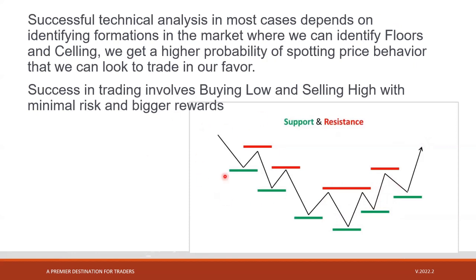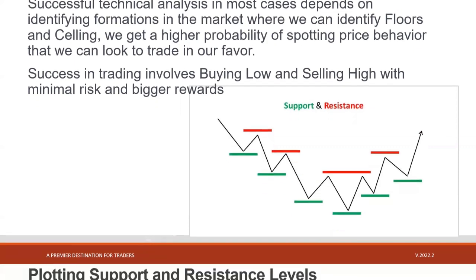So support and resistance are previous areas where price has reacted. But just because price has reacted at a level before doesn't mean it will react the same way now. Understanding the structure of the market in relationship to what price is currently doing would help you filter out bad trades and then hopefully put you in a position to stack the probability in your favor and find good trades.